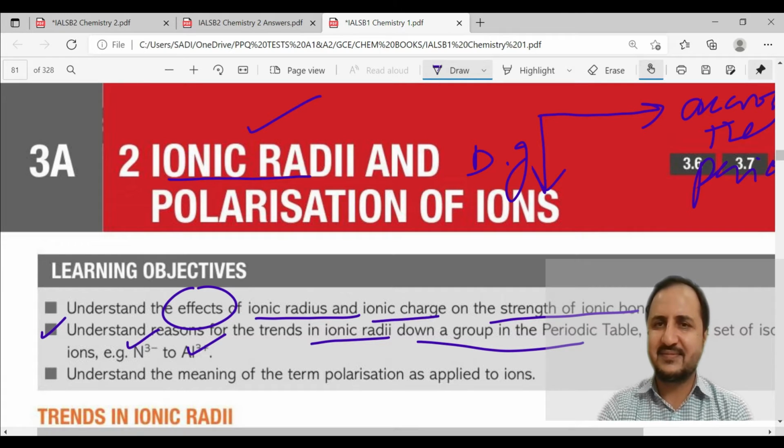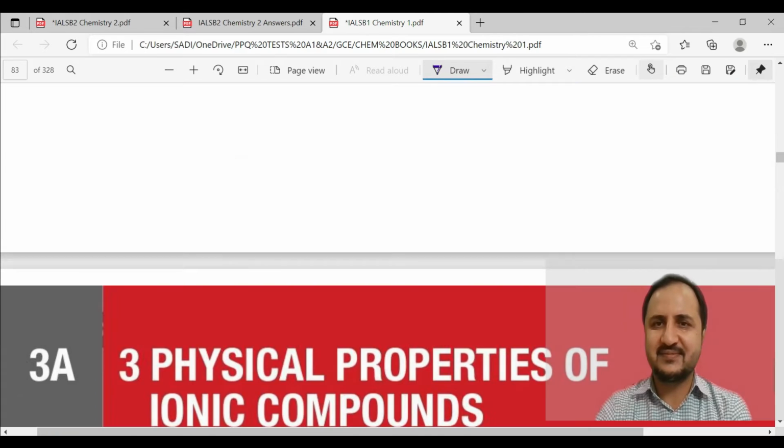Then the third part, understand the meaning of the term polarization applied to ions. So three things we are going to work on right now.